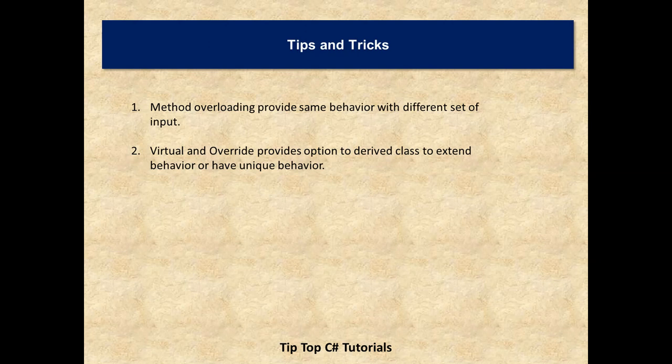Virtual and override provide an option to the derived class to extend the behavior or have a unique behavior. Overriding virtual methods is not mandatory. If a base class specifies some methods as virtual, it's not compulsory that you will be overriding all the methods. It's up to the derived class to override some of the behavior or not.